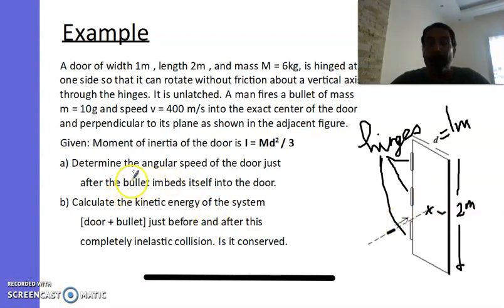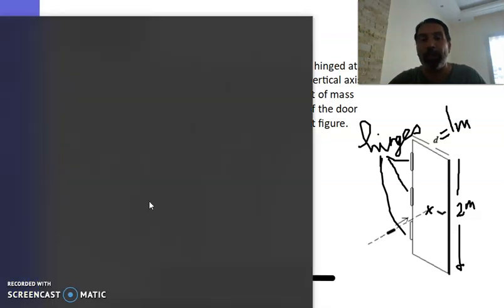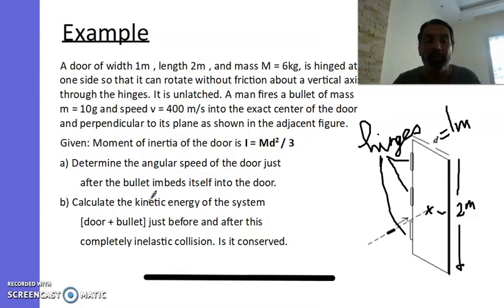Here it is logical to think of the conservation of angular momentum. Why? When we have collision and rotation, we always try to think of conservation of angular momentum. But first, you have to prove whether the angular momentum is conserved or not. Let's check.